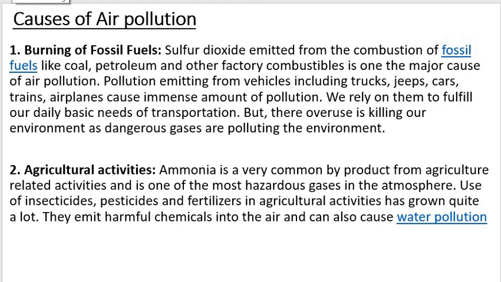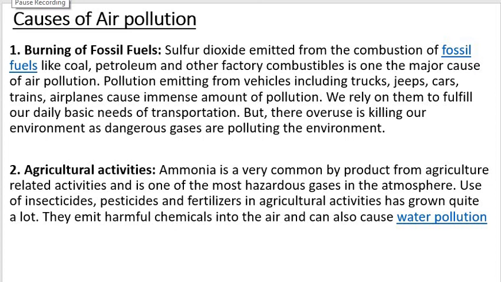Carbon monoxide caused by improper or incomplete combustion and generally emitted from vehicles is another major pollutant, along with nitrogen oxides that are produced from both natural and man-made processes.